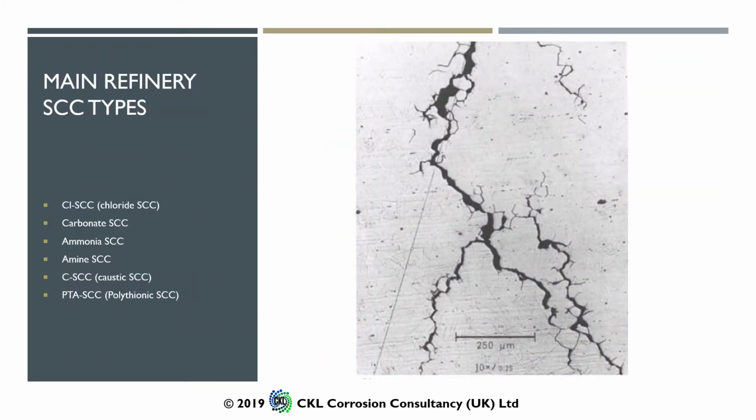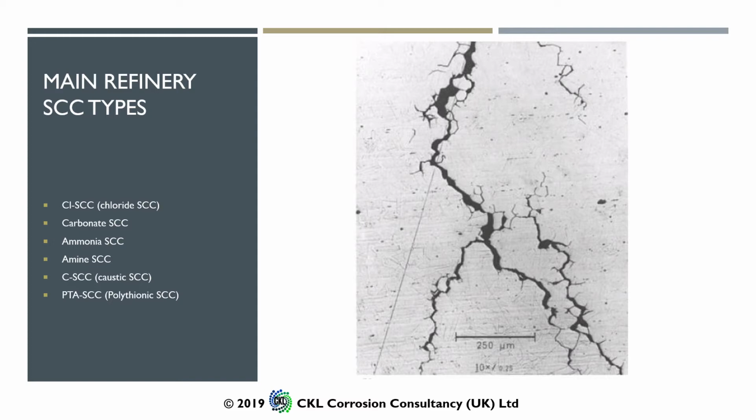Okay, so in terms of the main refinery stress corrosion cracking types, starting at the top, probably the most prevalent and most commonly found stress corrosion cracking type on a refinery is that of chloride SCC. We'll cover some of the issues that have been found in the refinery regarding chloride stress corrosion cracking.